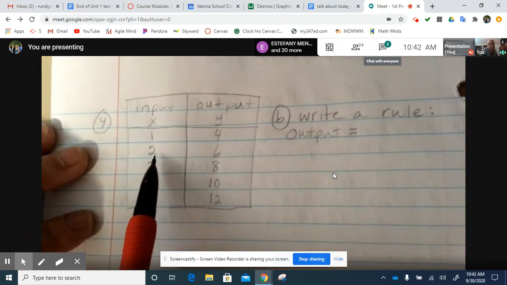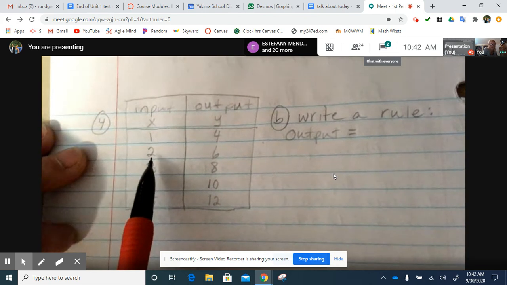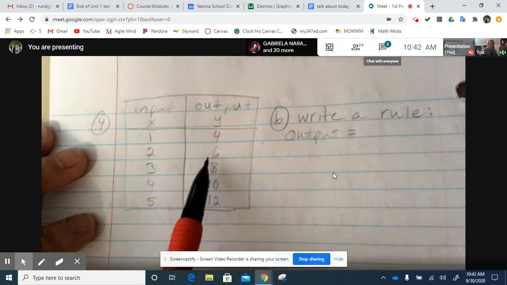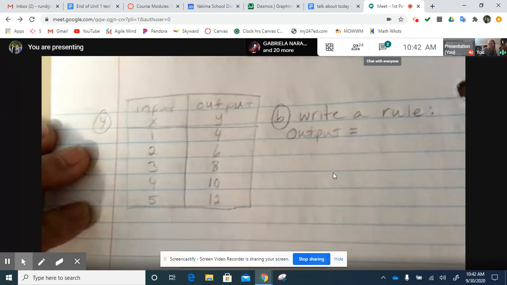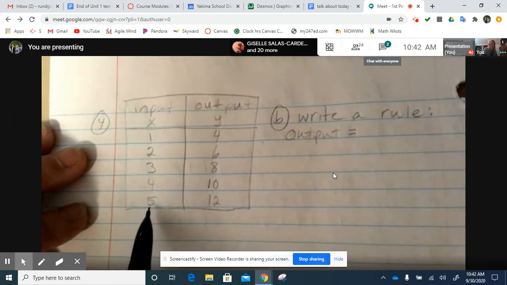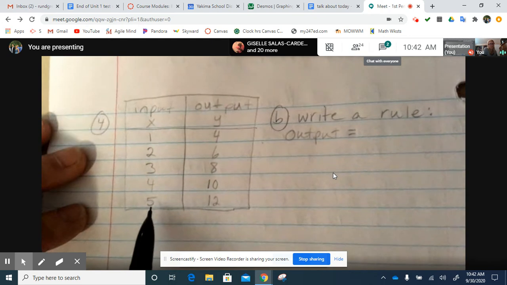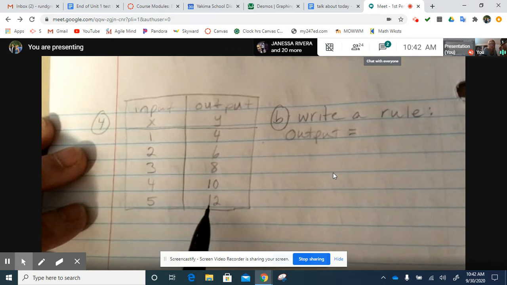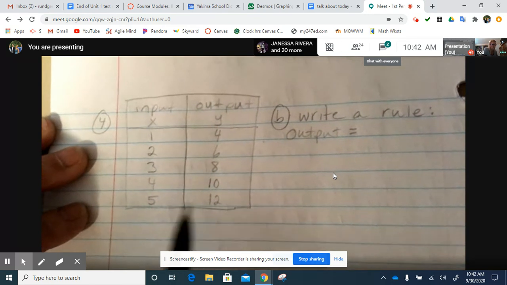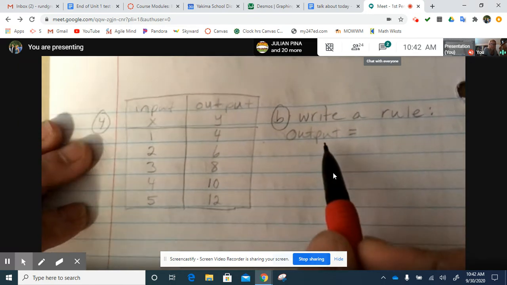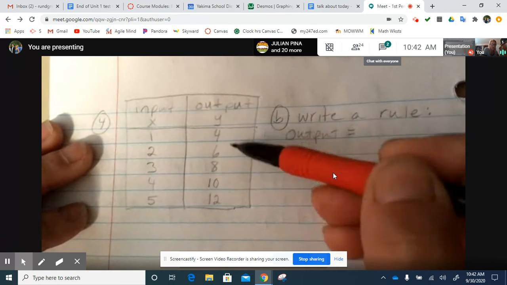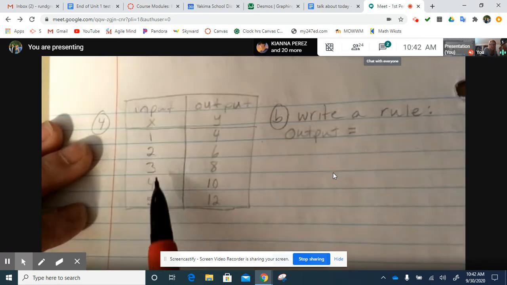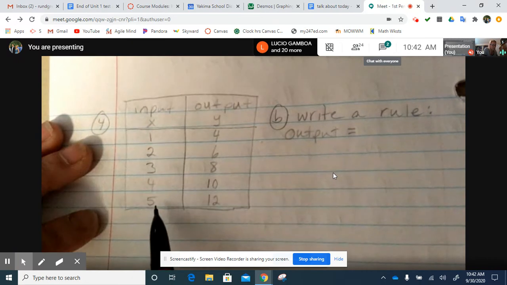All right, let's try it to this one. 2 times 2 is 4. Add 2, we get to 6. All right, and we don't have to check every single one, but checking 3 would probably be good. Let's skip down here. So 5 times 2 is 10, plus 2 gives us 12. So it looks like we found the rule. So what we're going to write here is output equals. So to get our output number, we're going to take our input number and multiply it by 2.